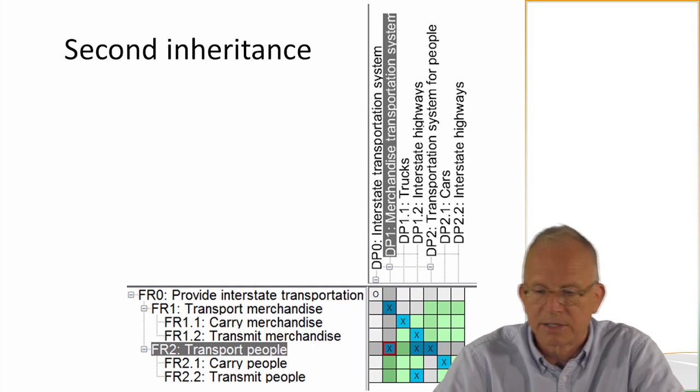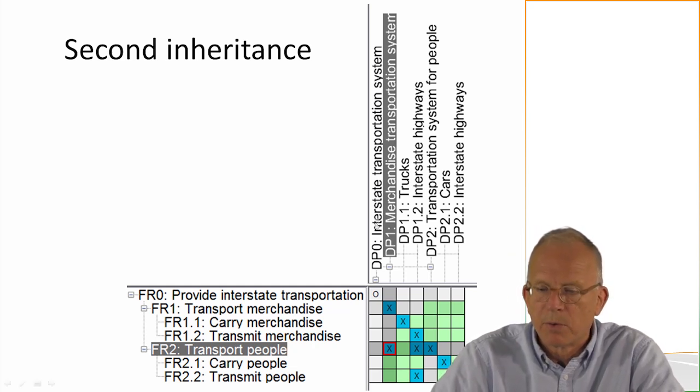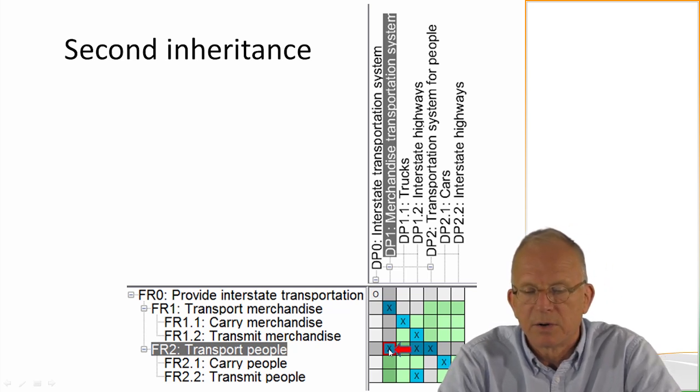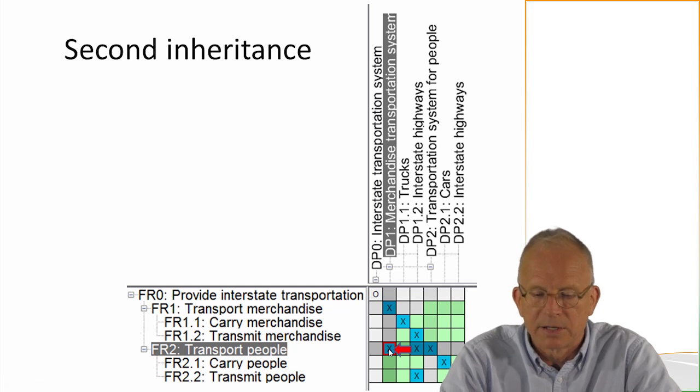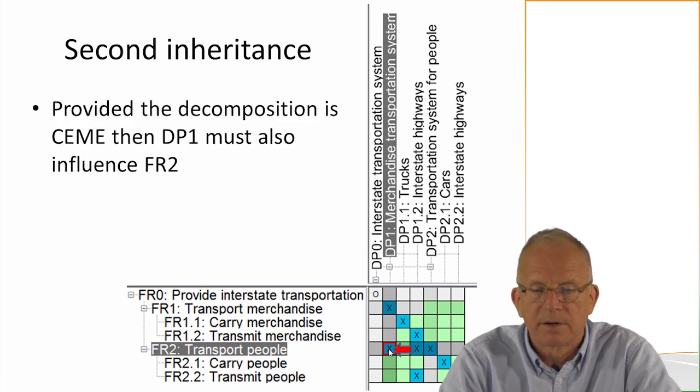The second inheritance now, if DP 1.2 is influencing transport people, then it seems that the parent of DP 1.2, which is DP1, should also be influencing the parent here. And so now we have a second inheritance in the matrix that we have to enter.